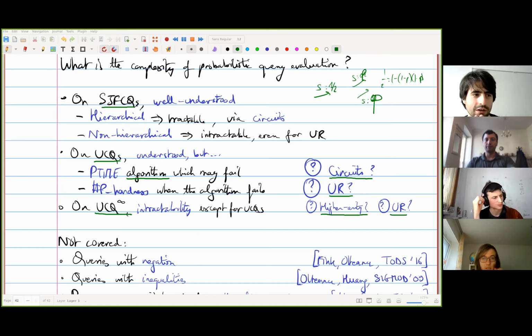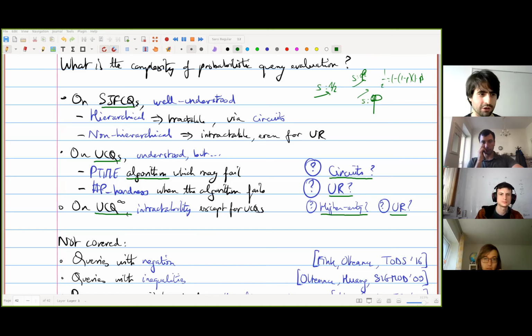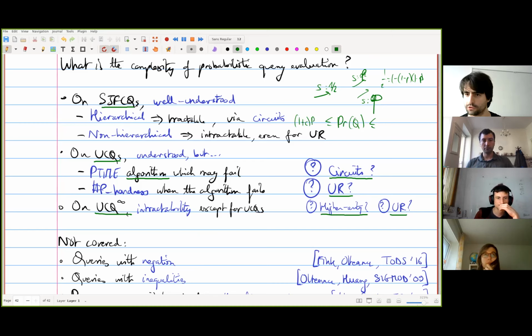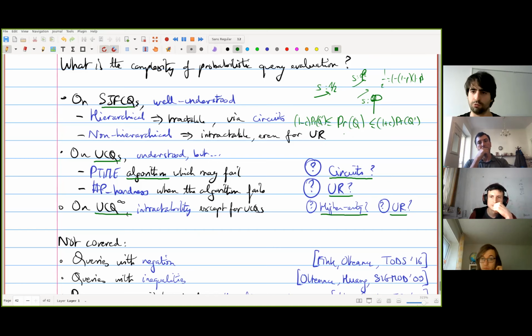One reasonable thing would be: is there an affine relationship between the two probabilities? You could say that Q and Q prime are almost equivalent if the probability of Q wouldn't be the same as Q prime, but is within some multiplicative ratio of that of Q prime.